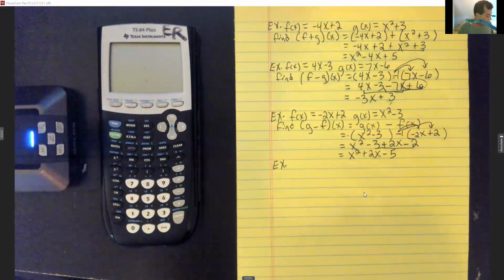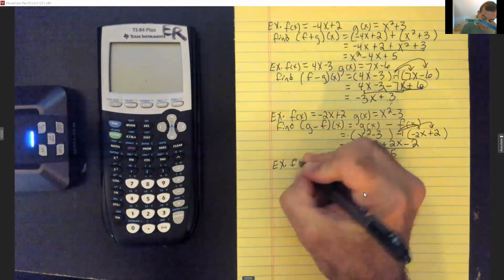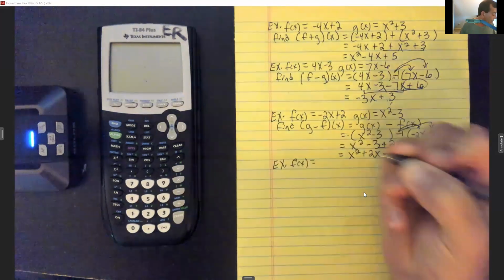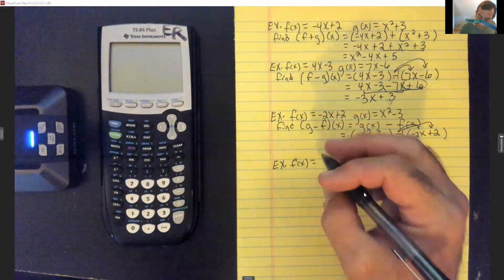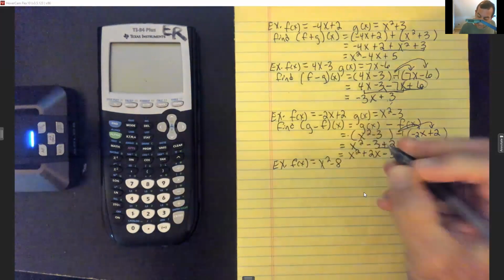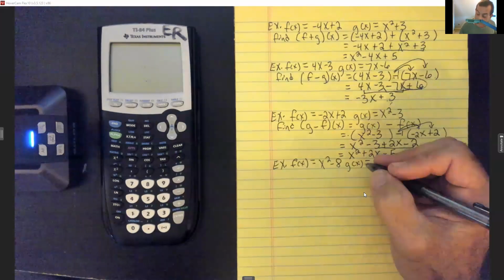All right, so 11, they're doing the same. So I'm going to skip and do this one. I got f of x is going to equal x squared minus 8. G of x is going to equal 2 minus x.